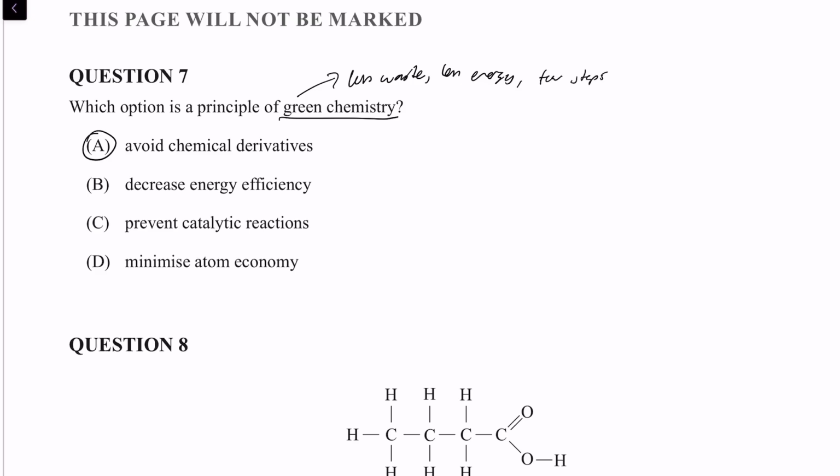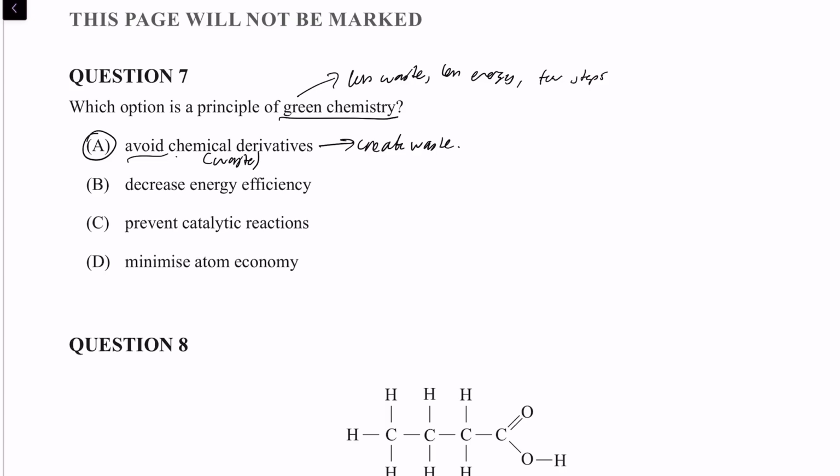Chemical derivatives are really about, they sort of just create waste. So they're essentially byproducts of the original chemical product. So if we are avoiding chemical derivatives, we're avoiding waste here, all right?